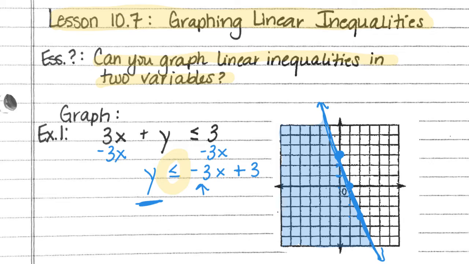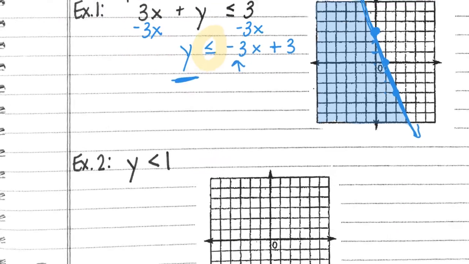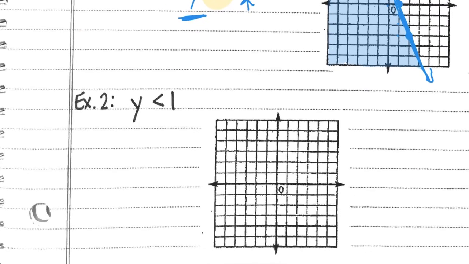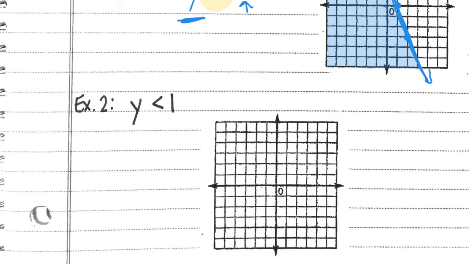So let's look at a few more scenarios and what happens. What if y is less than 1? Well, you have to remember your HOY VUX, and I'm sure a lot of you do. Because this is a HOY, I know this is a horizontal line where the slope is 0 and it's going to touch the y. So this is a horizontal line where it touches 1. Now notice it is not equal to, so I just made a little boo-boo.